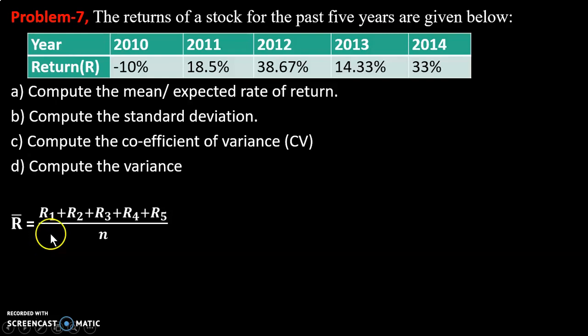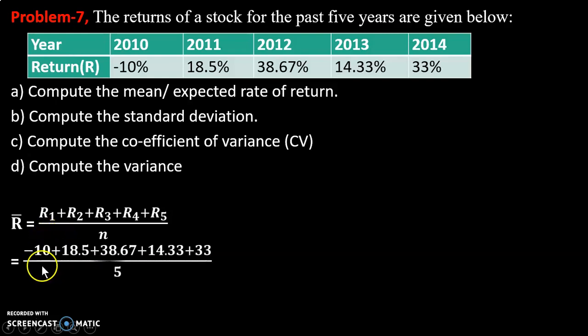First, we compute the expected rate of return. R1 minus 10, R2 18.5, R3 38.67 and R4 14.33 plus R5 33, divided by 5, and we find the value of expected return 18.9%.